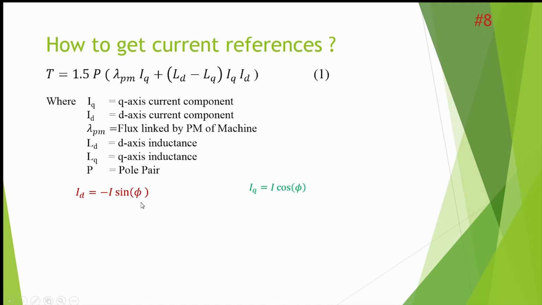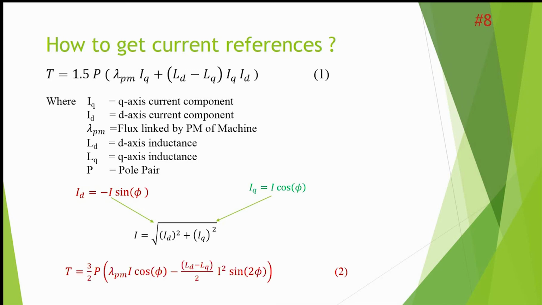Dividing the current into two parts, ID and IQ, and combining them together, we get the total I. Here phi is the angle between the resultant current and the D axis current component. If we put this in equation number 1, we get equation number 2.